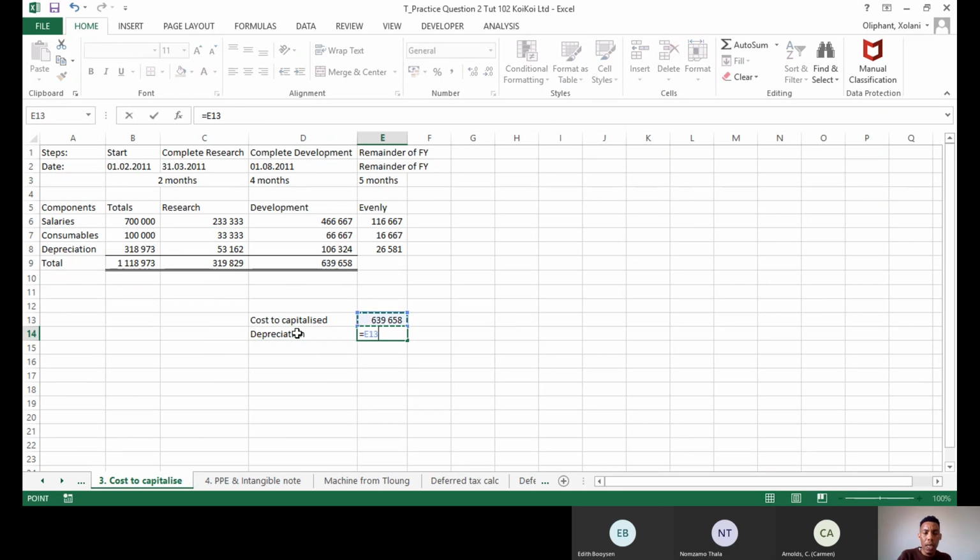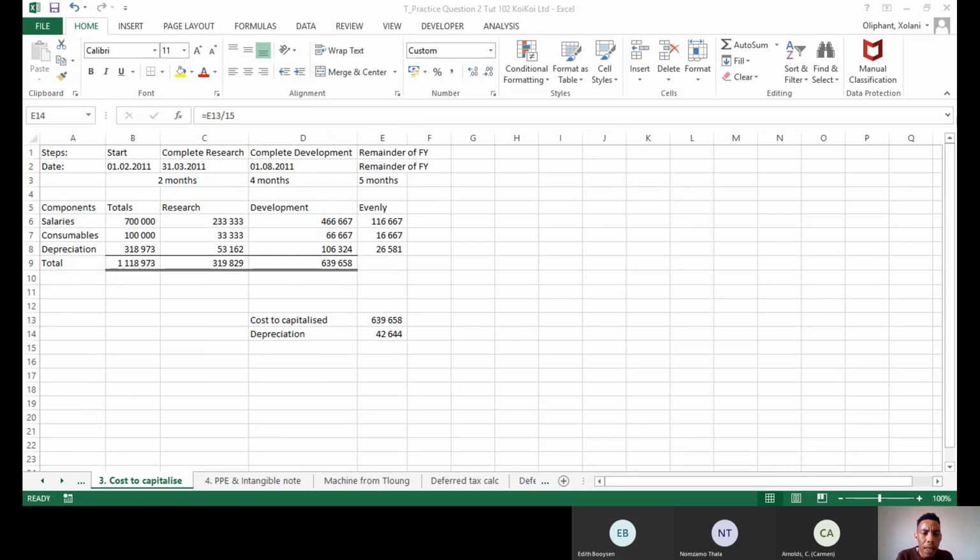We say the cost that we've capitalized over 15 years. The patent's useful life was estimated to be 15 years, and the residual value on the patent is 0.